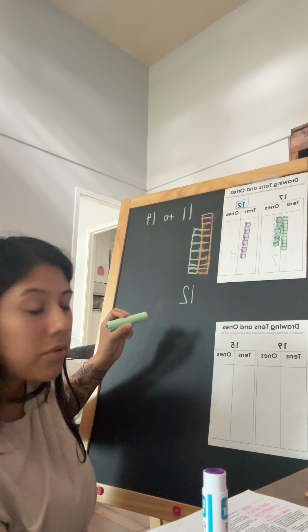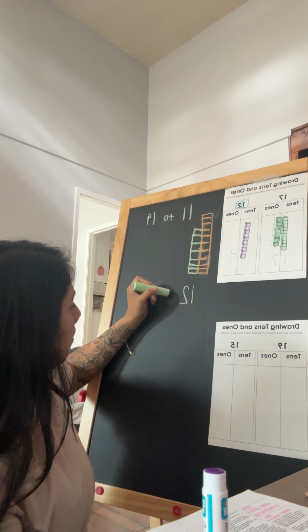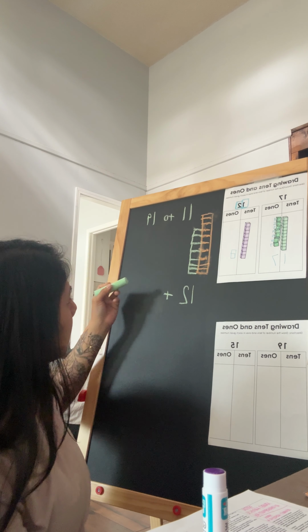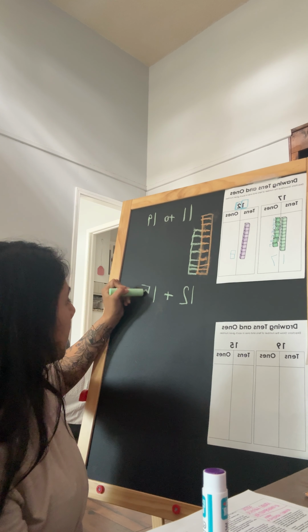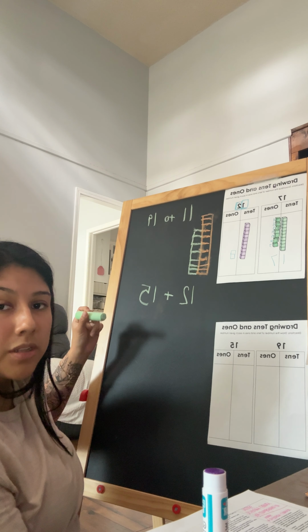They can pick any numbers from there. So we can do a 12 and then a plus, and then another number like a 15, just to help students.